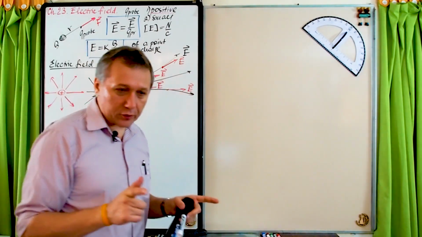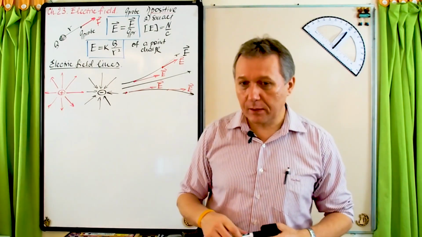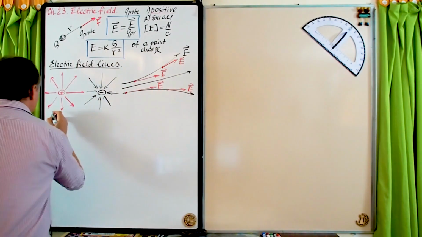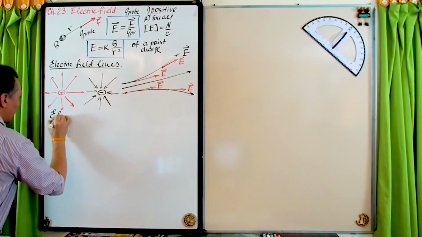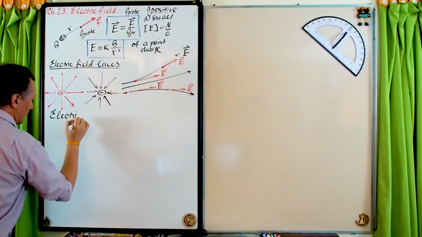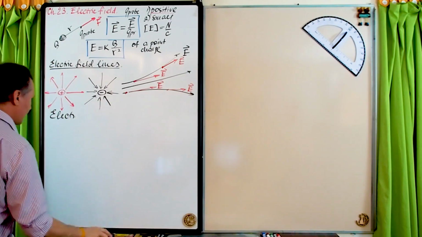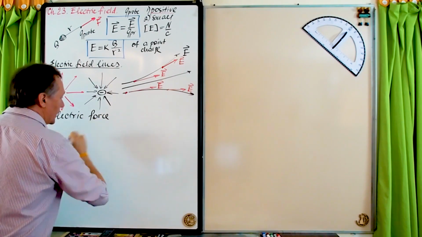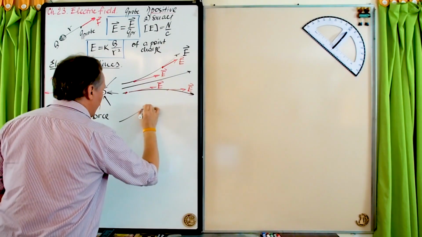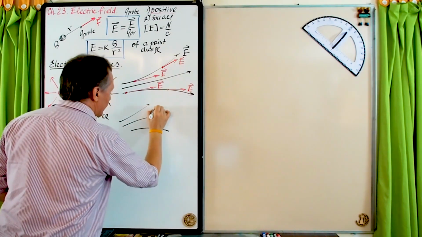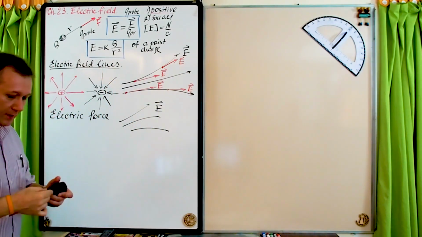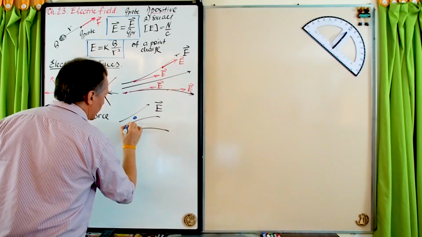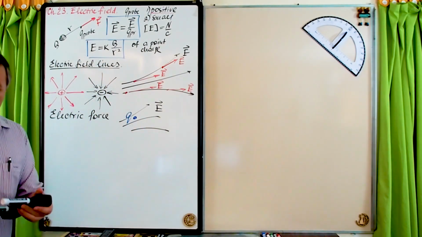Another very important formula, which is one of the fundamental ones: electric force. So if you have, for example, some electric field lines, let's say this is the electric field, and let's say you have some charge Q, which is exposed to that electric field.